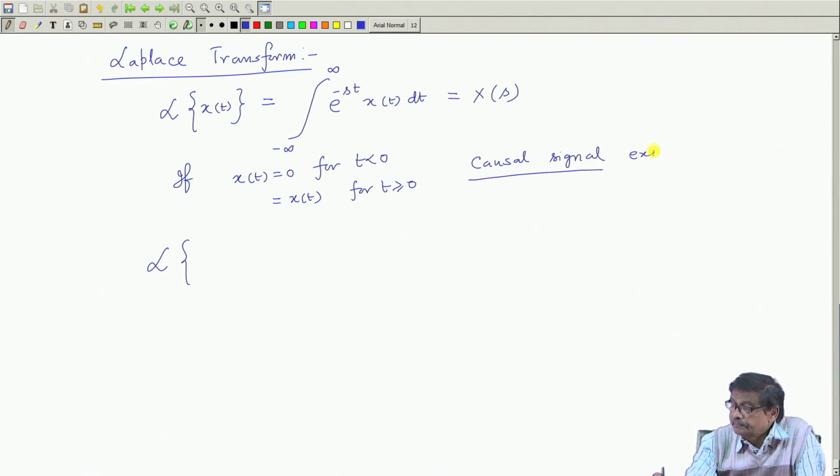which exists for t greater than equal to 0 and equal to 0 for t less than 0.